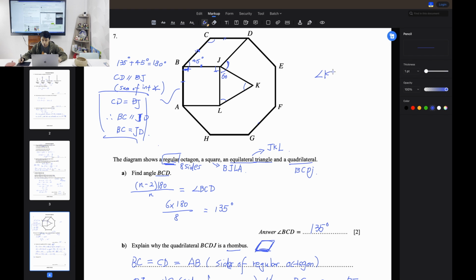So we know that angle KJL equals 60 degrees. Angle BJL equals 90 degrees. And angle BJD equals 135, because this is directly opposite of this one. Okay, so once we have all these values, we can calculate angle KJD.